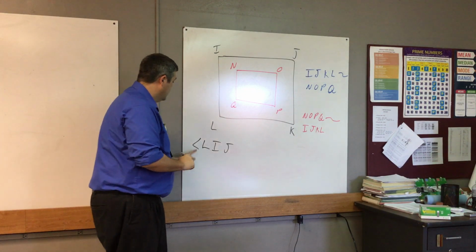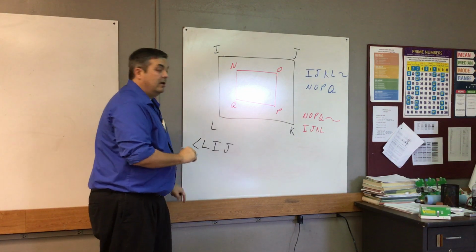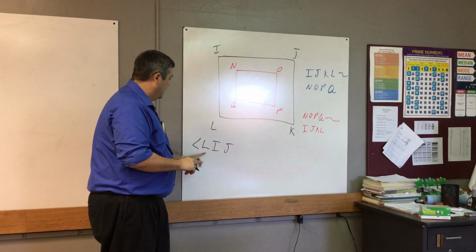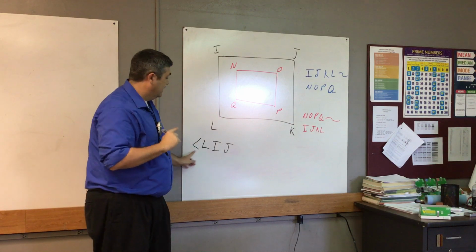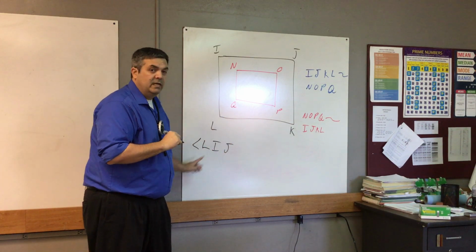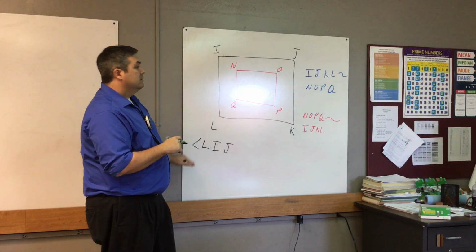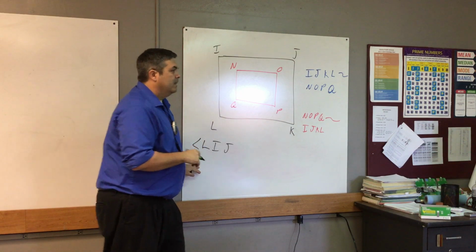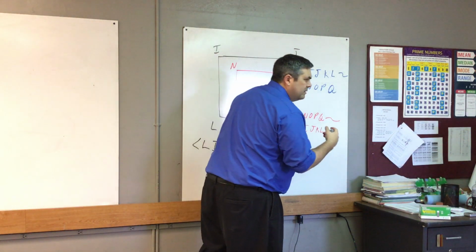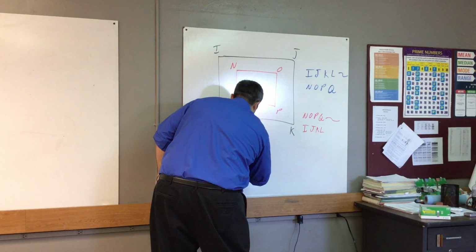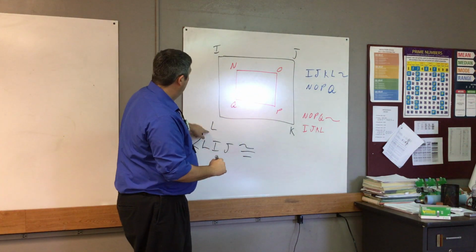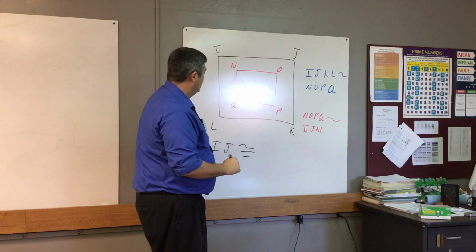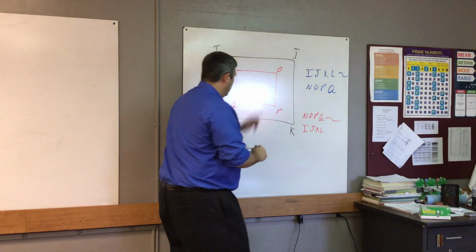Really what we're saying here is angle I, the center one. The center one tells you which angle it is. When they do this, they're telling you which angle. So that's one way to look at it. And then they set it up with, LIJ is congruent to QNO.